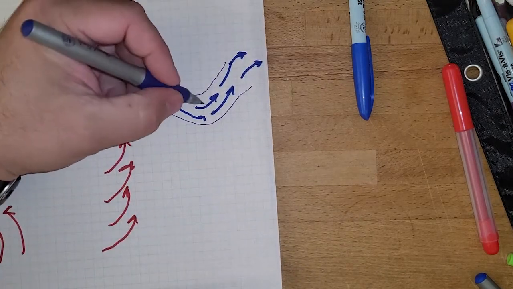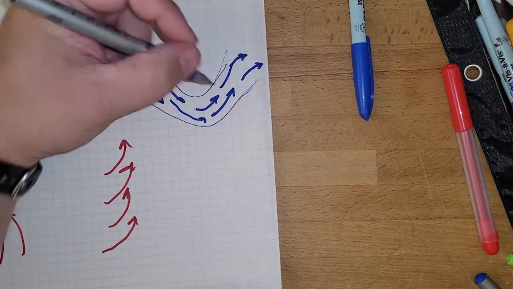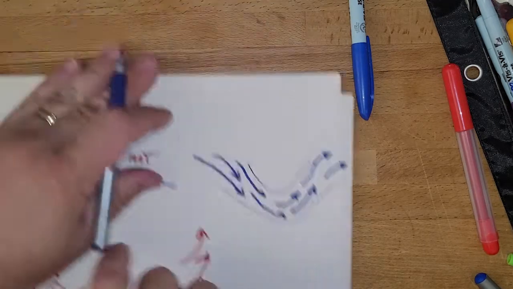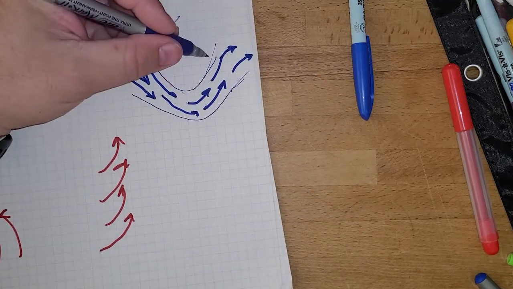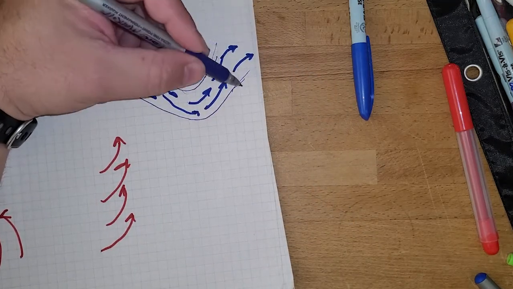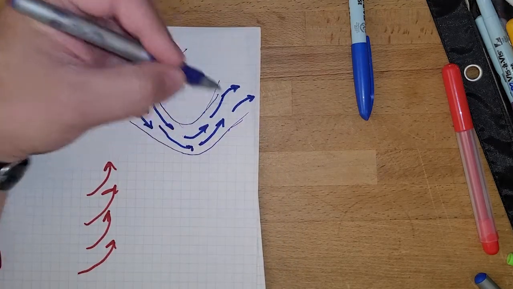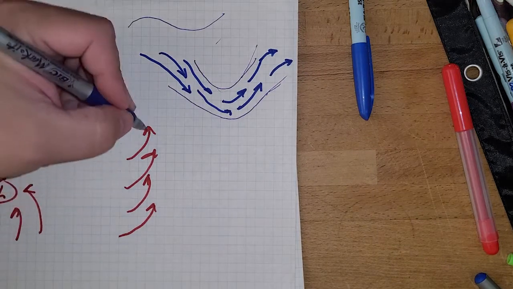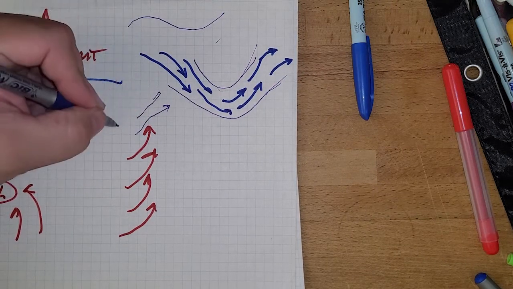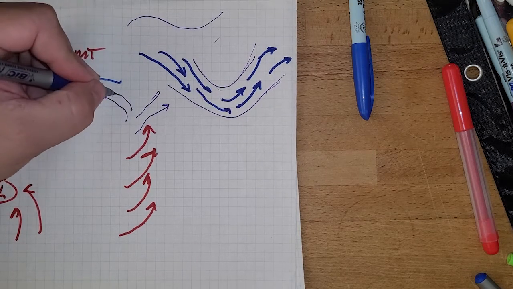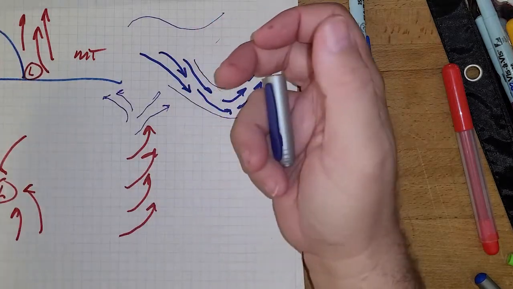But then, once we get out of the trough, okay, here's the trough. Remember, if we're looking at a wave, we've got a ridge and a trough, right? When we come out of that trough, it starts to diverge a little bit. That river gets a little bit wider. And what that enables is for this air to not just go up, but to vent out.